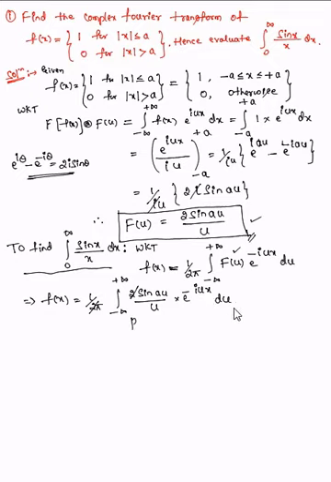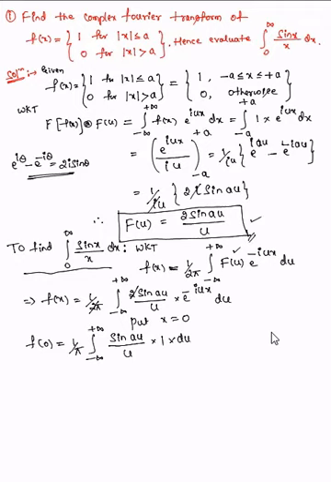Put x equal to 0, we get f of 0 equals 1 by pi integral from minus infinity to plus infinity sin au divided by u into e power 0, which is 1, into du.